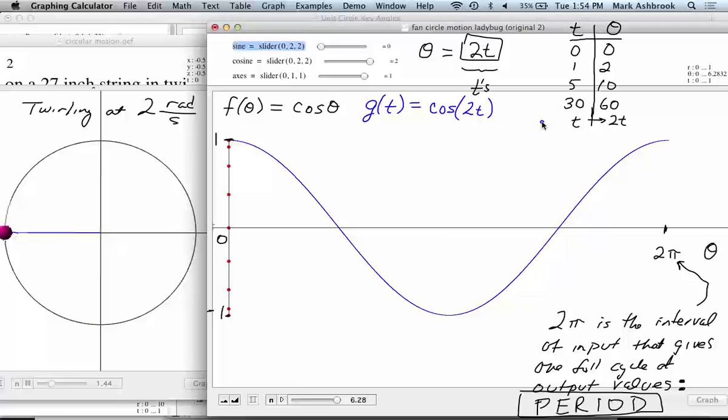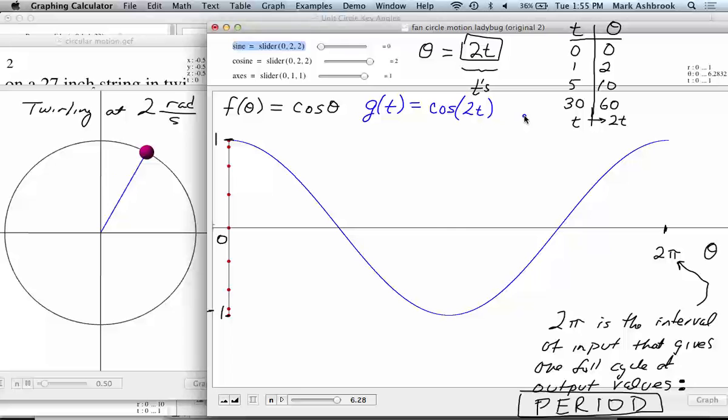So now we want to talk about the period of g. If the period is the interval of input that gives 1 full cycle of output values, then now the period is a matter of t instead of theta. So we want to know what is the interval of time that will result in 1 full cycle of output.